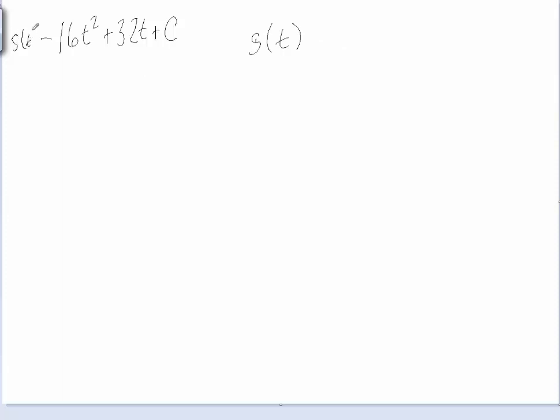So here's our position function. We know the position when t equals 2 is 5, or we know that s of 2 equals 5.